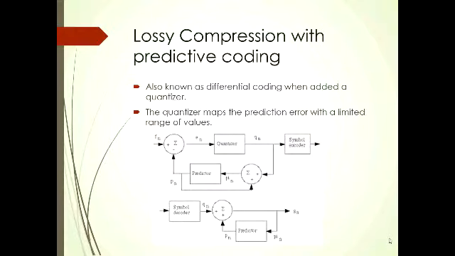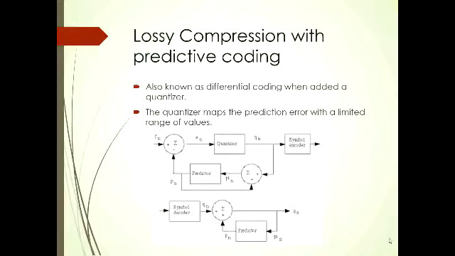We will start with the lossy compression method with predictive coding. This uses a quantifier. A quantifier is used to map or to trace the prediction error inside a limited range of values. There are two types. Actually, lossy compression with predictive coding is also known as differential coding. The difference between them is that the differential coding adds a quantifier.